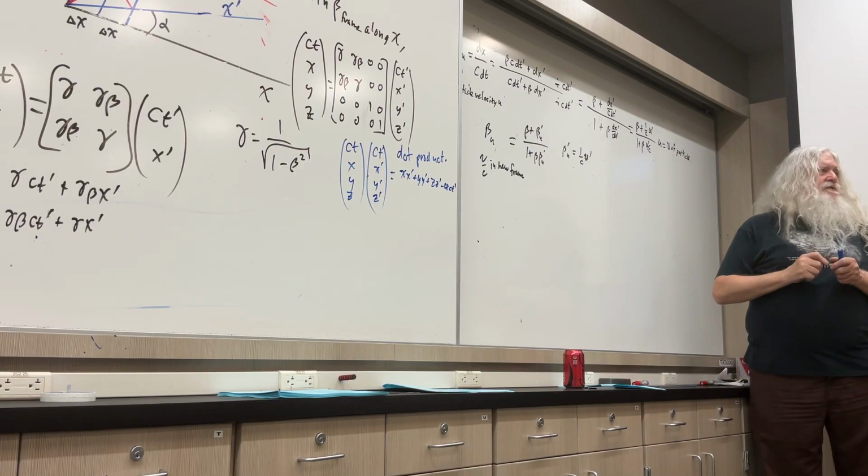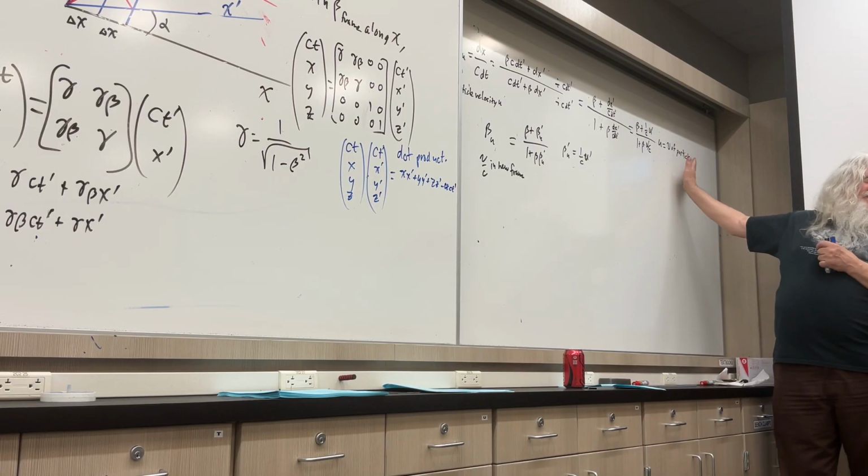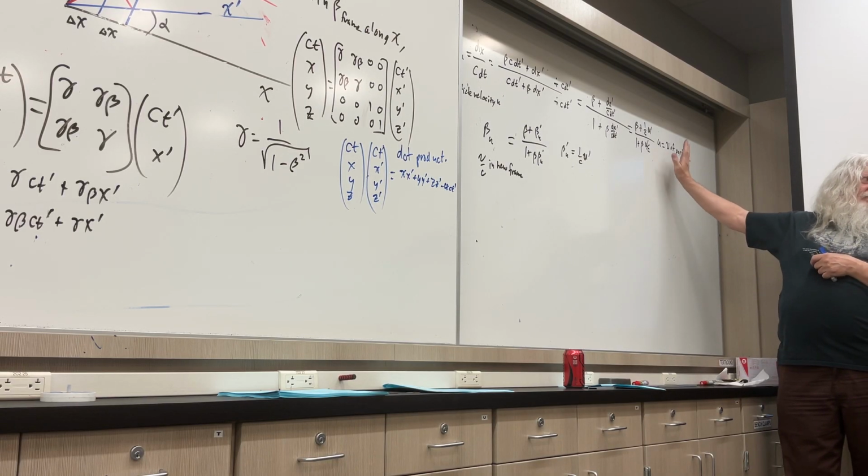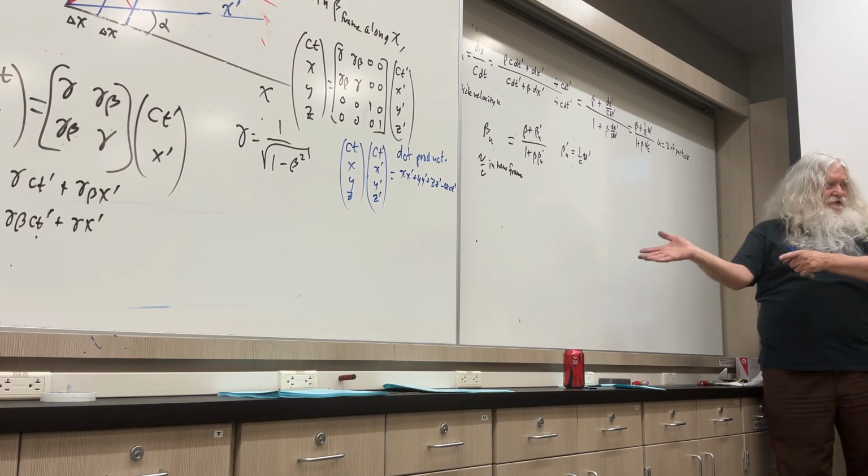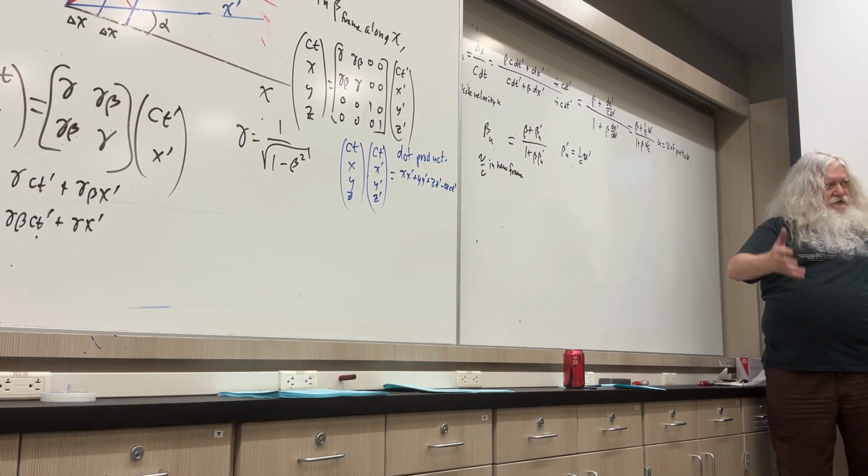Especially when you're starting out, I like to use U as particle velocities and reserve the V for the frame velocity, so that it doesn't get mixed up.